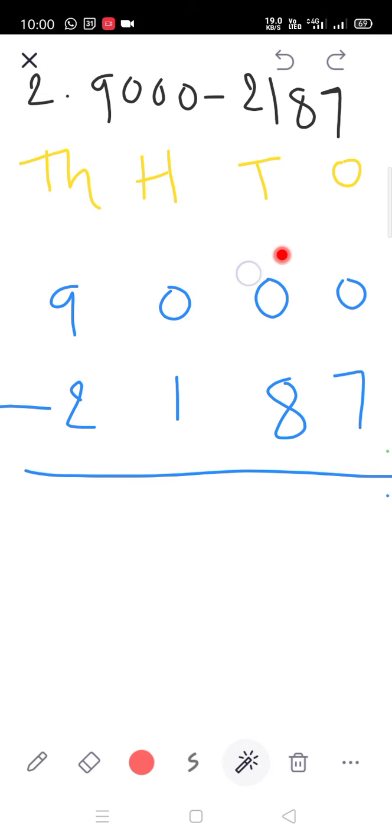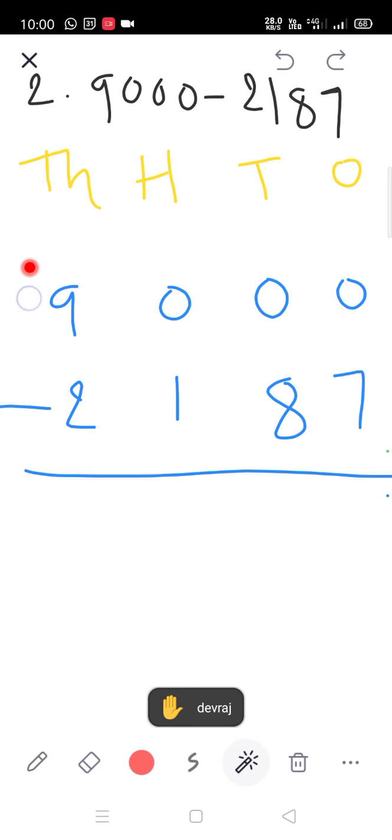That is also 0. We cannot take any borrow for this 0. So again we have to go to the previous place. But you can see here is also a third 0. 0 have a nothing, so how can it give any borrow to any other number? So what should you have to do?